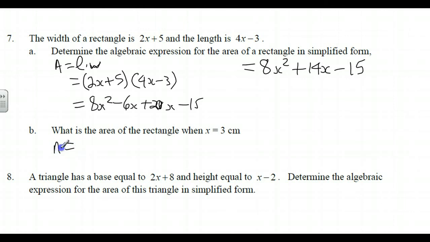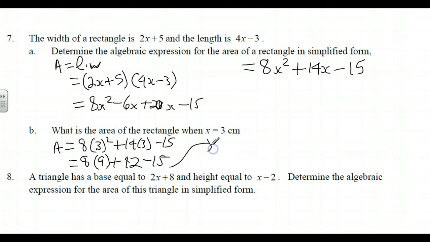So area is 8 times 3 squared plus 14 times 3 minus 15. Well, that's 8. 3 squared is 9. 3 times 14 is 42 minus 15. I'll go over here.